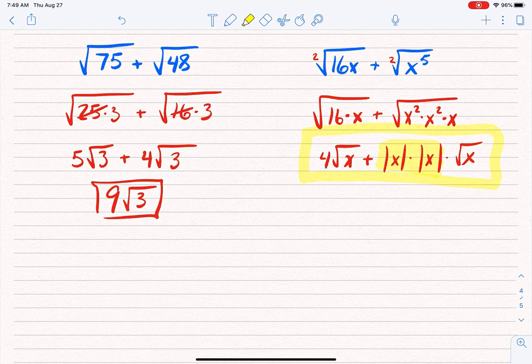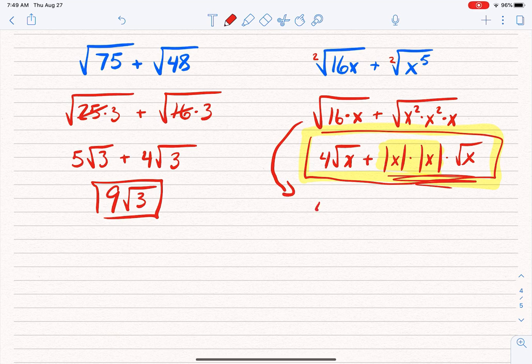And so really, this step that I just wrote is completely unnecessary in terms of this other part right here. Really, what I would do is I go from here, I would say, well, this is 4 times the square root of x plus x squared times the square root of x. Okay, because one x came out and then another x came out, and that would be x squared. And so I don't have to worry about this whole absolute value thing because there were 2 of them out there multiplied by each other, so therefore it had to then be positive. I don't have to worry about it being absolute value.